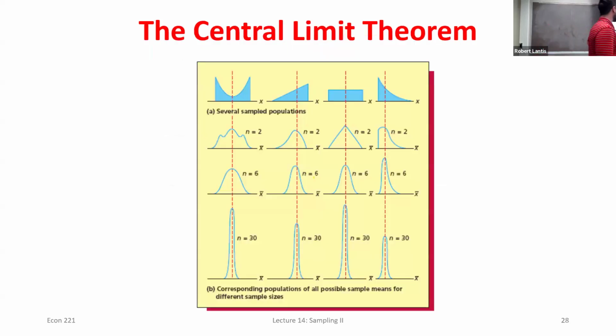I had some really old textbook, and I just always liked this photo, so I kept it. You can see here's the original data we sampled from. These look not even close to normal distributions, right? But if you randomly sample and graph out all your sample means, at sample size 2 they start to look quite a bit different. Nothing really looks normal yet.